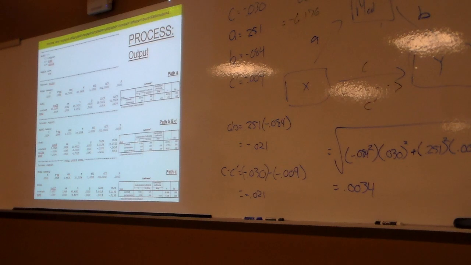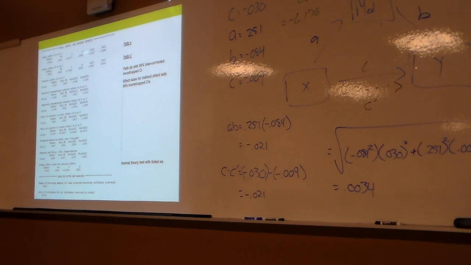So basically what process did is it just ran my 3 models for me, right? But then what we can see is my total, direct and indirect effects here. My total effect of X on Y, this is just my C path, okay? My direct effect of X on Y, this is my C prime, okay?